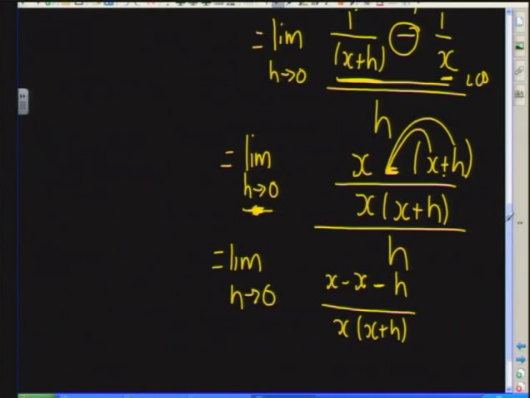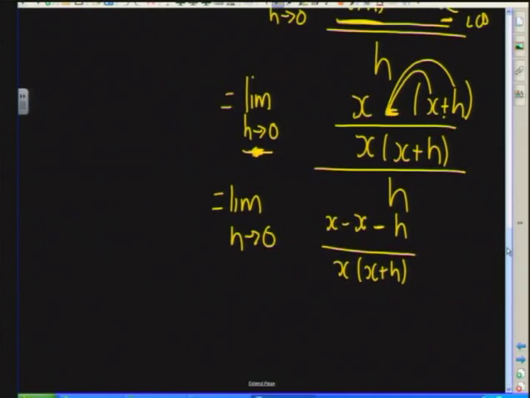And what I'm going to show you here is I can also add in the h from the very bottom. I can put it here next to the whole denominator. Now the reason for that is if you've got x times x plus h in your denominator here, remember, you're going to tip and times that, so it's going to look like this. I'm just going to do it on the side here.